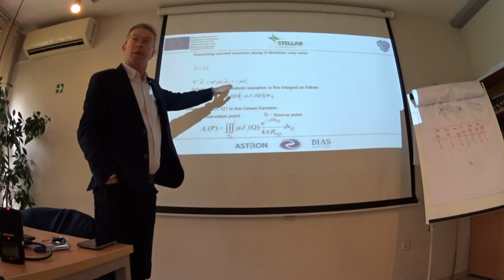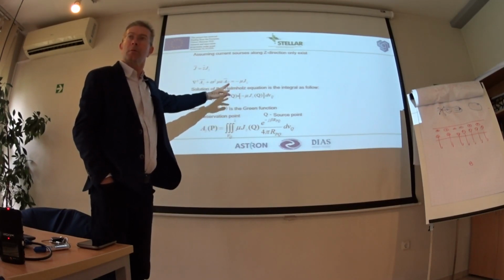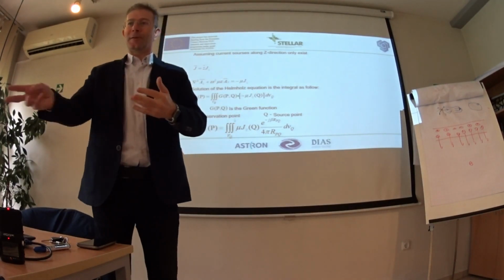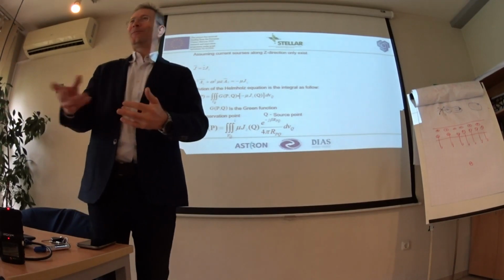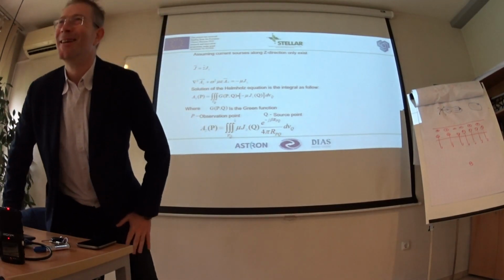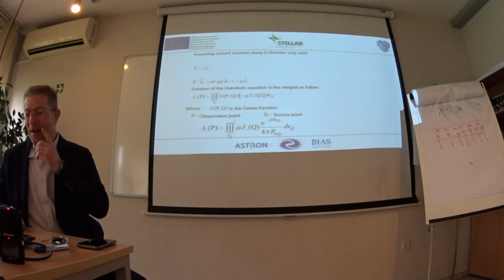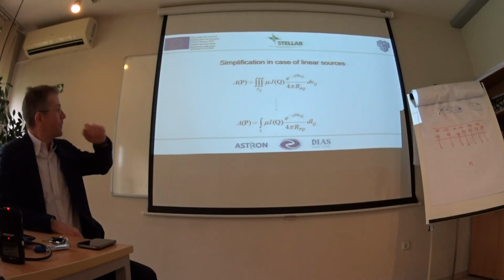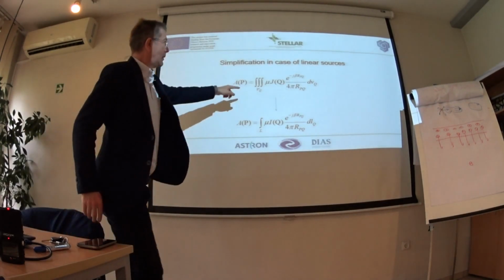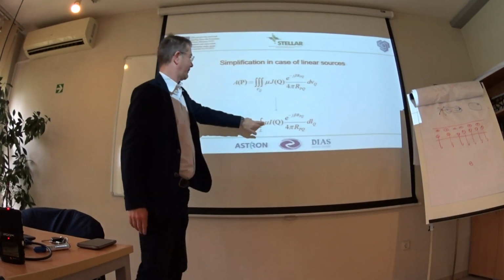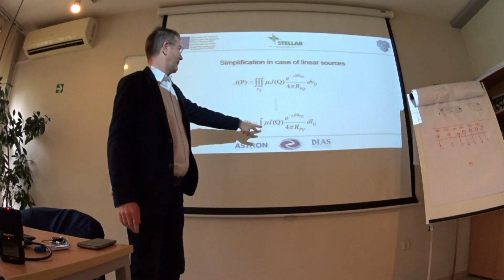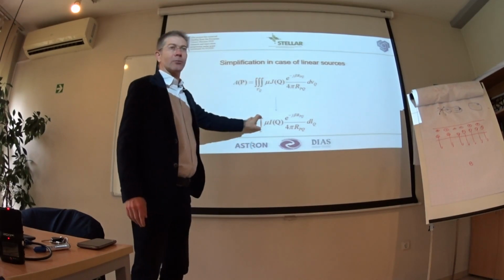If you change something, the solution also changes, and you have to hire mathematicians to tell you this is the function that you need for your case. So for a linear source, J goes to I, and the volume integral turns into a line integral.